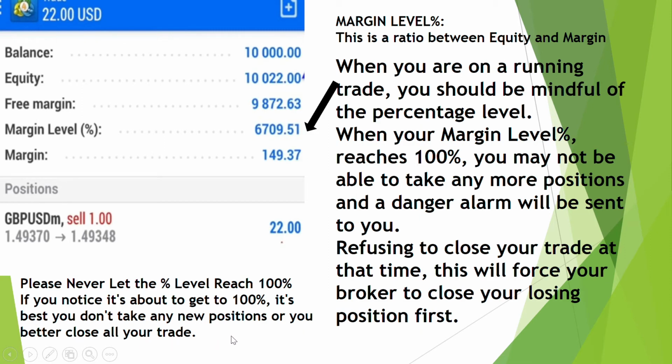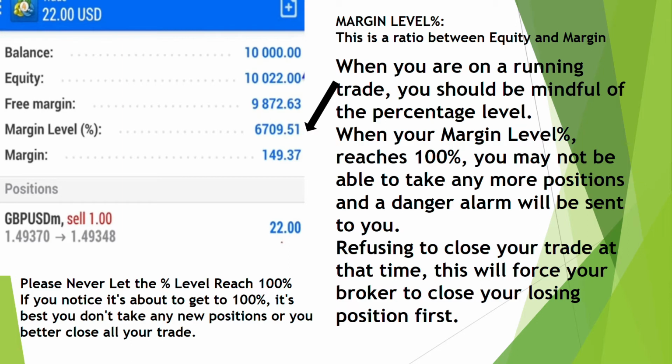That is why you are advised not to take multiple positions, like different pairs, on a single account, because it will affect your margin level and your free margin. You are advised to trade one pair at a time on one particular account.